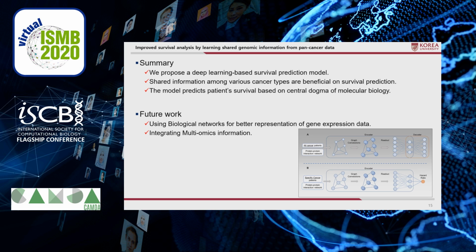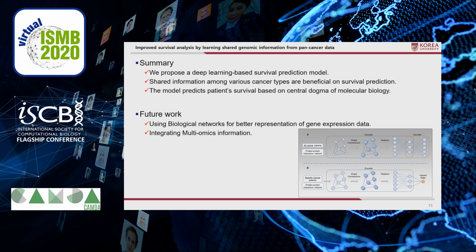In future work, I'd like to apply biological networks like pathways or protein-protein interactions for better representation of gene expression data. Because genes are not independent but associated with each other, the pathway or protein-protein interaction network will be beneficial to survival prediction as prior knowledge.